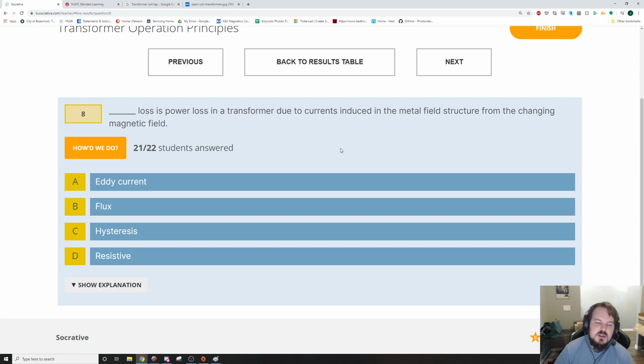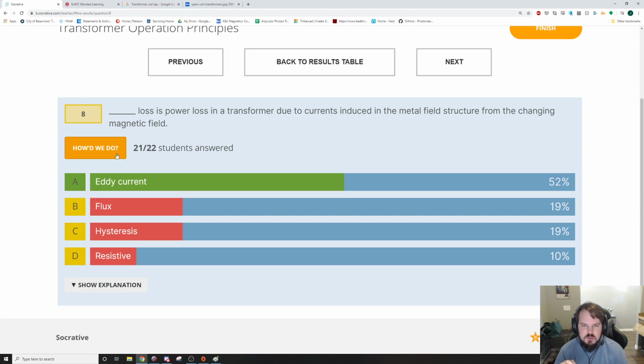Blank loss is power loss. This is eddy current loss. That has to do with the frequency and magnetism and a few different things.